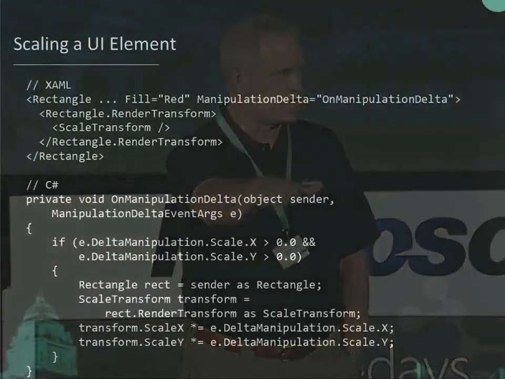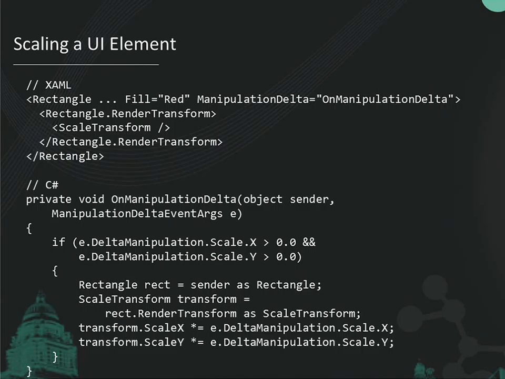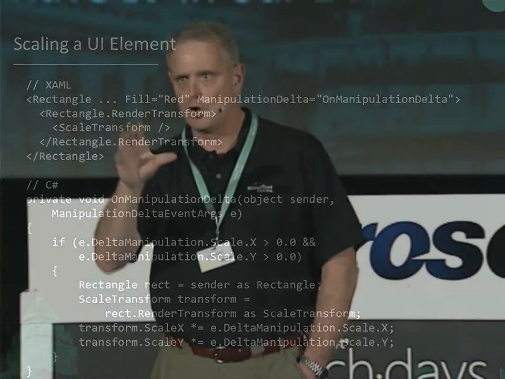One mistake developers make sometimes when they first start dealing with these manipulation events is they will write code exactly like you see here, but they'll fail to do that e.delta manipulation.scale.x and y equals 0 test. And you know what happens when they test their code? When the first finger goes down on the screen, everything that is subject to zooming just disappears.